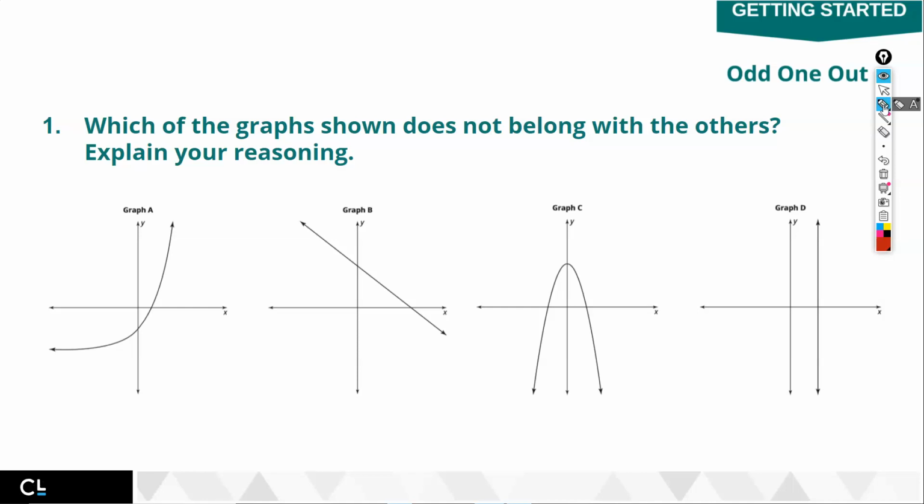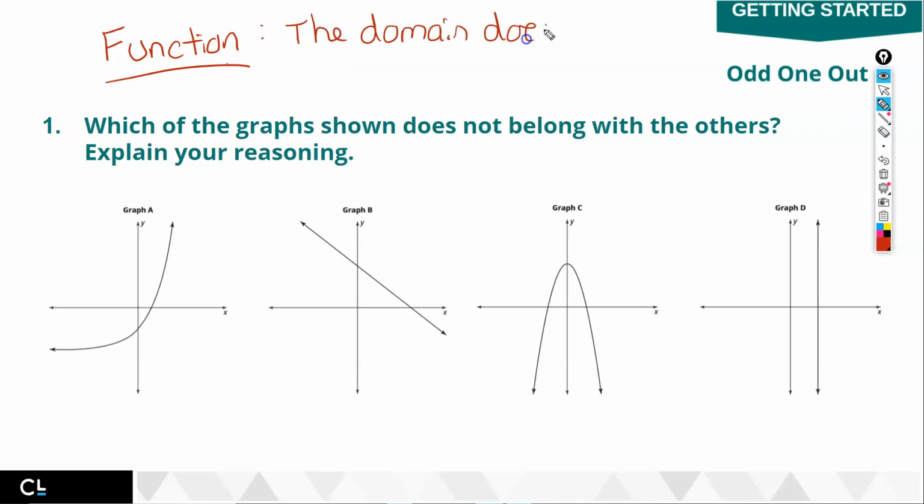The textbook definition was stating that every value in the domain is mapped to one value in the range. Another definition for function is to say the domain does not repeat.